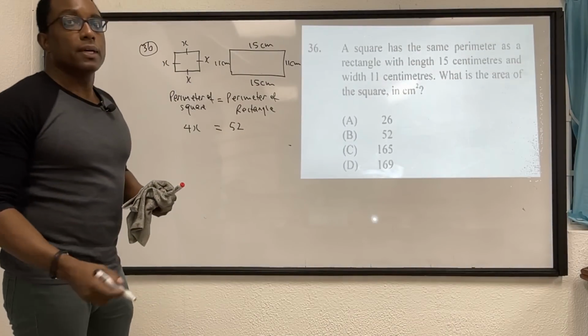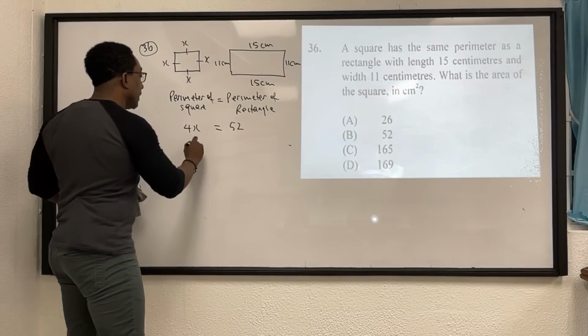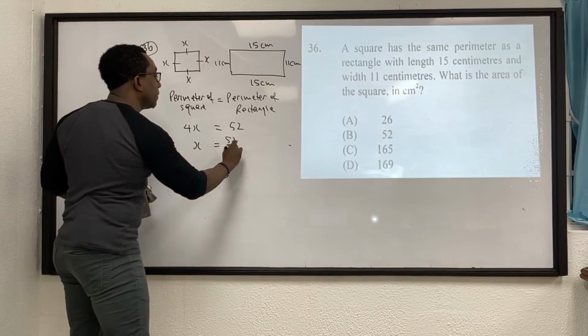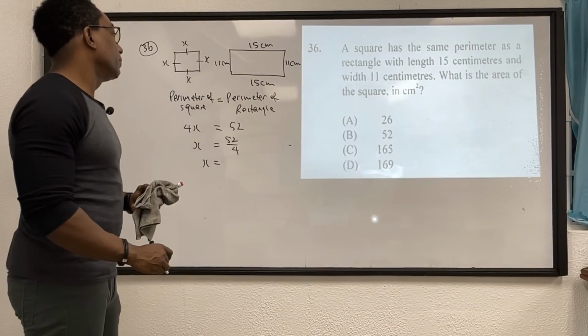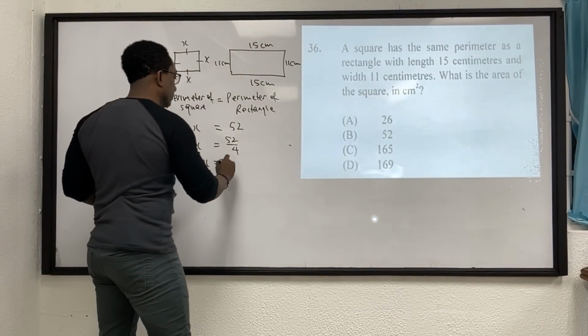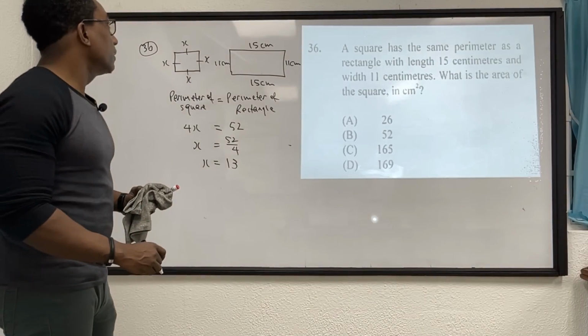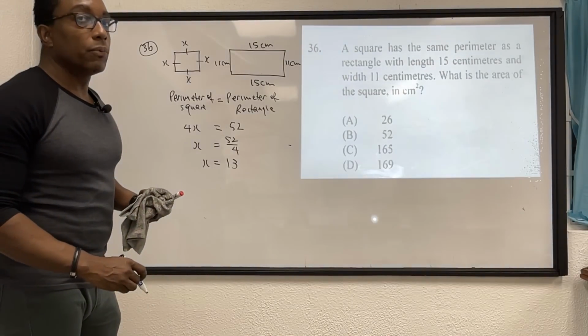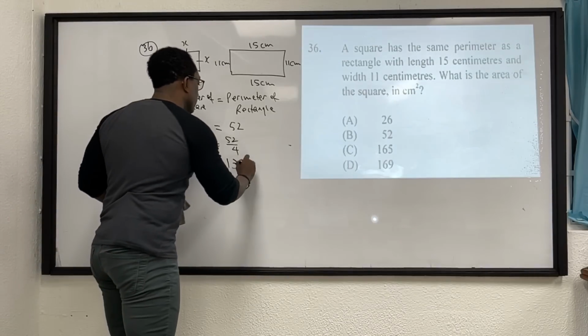So let's find x. X will be found by dividing 52 by 4. So 52 divided by 4 will give us 13. So the length of one side of our square will be 13 centimeters.